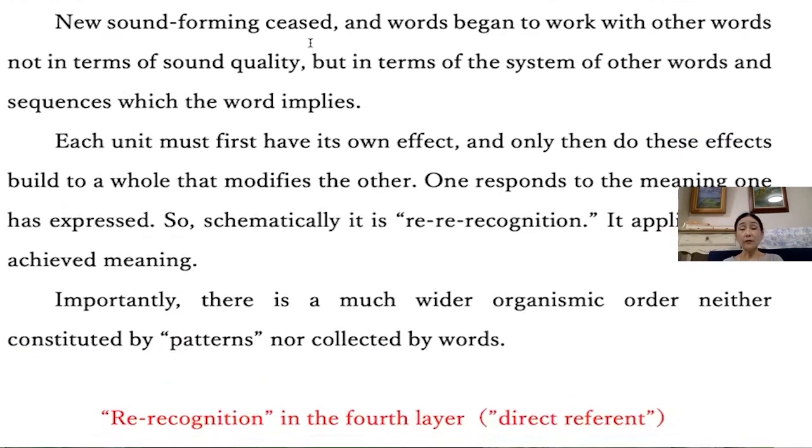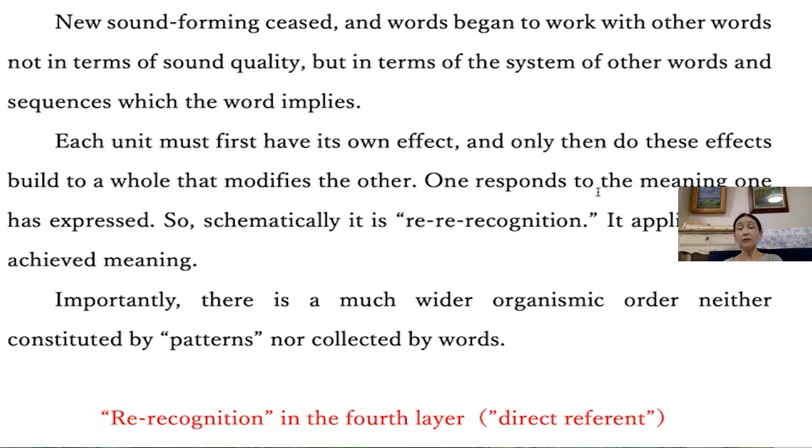New sound formation ceased, and words began to work with other words, not in terms of sound quality, but in terms of the system of other words and sequences which the word implies. Each unit must first have its own effect, and only then do these effects build to a whole that modifies the other.